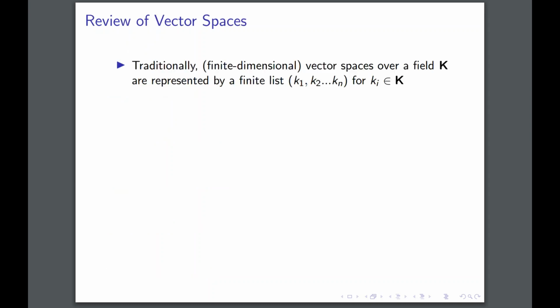So just to review, a finite dimensional vector space over a field K can typically be represented by what's called coordinate space, which is just a list of elements from the field K. And so the length of the list is the dimension of the vector space, typically, well, always.